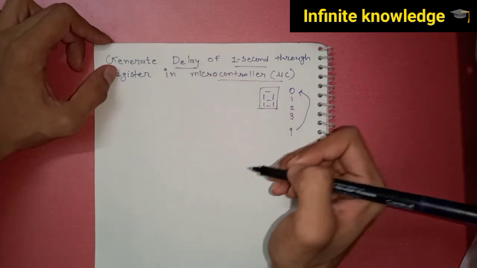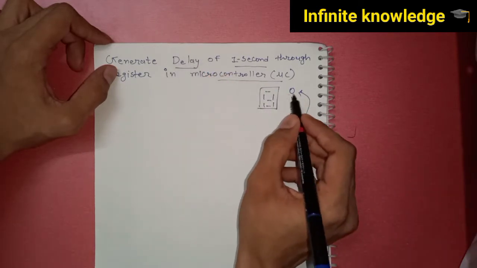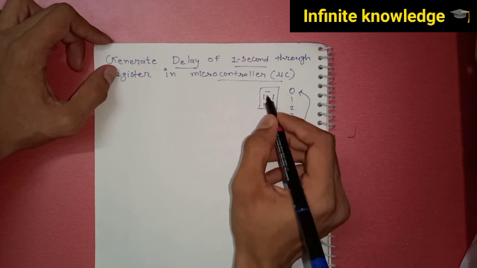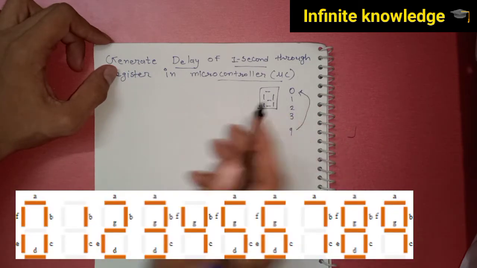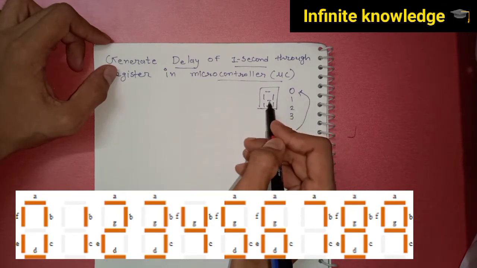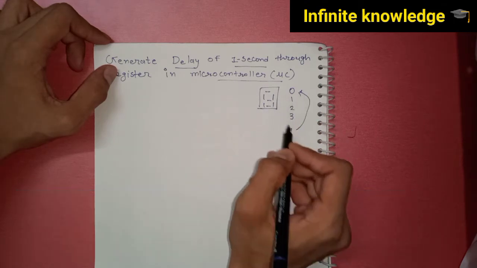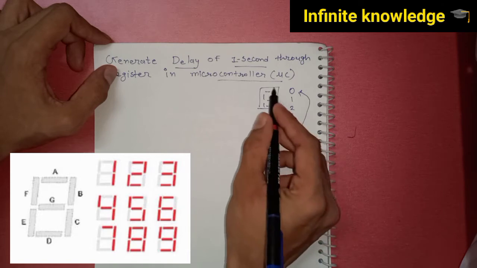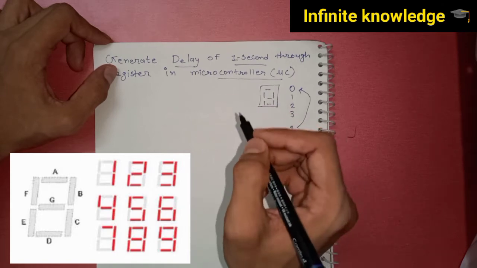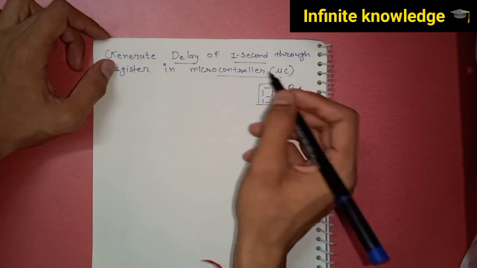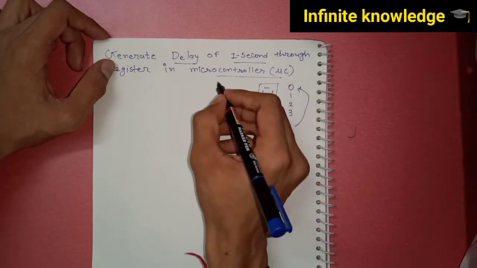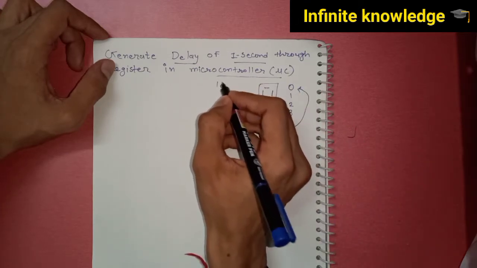Why is delay required? If I make a program that first shows 0, then 1, then 2, then 3, then 4 on this 7 segment display, the microcontroller is working too fast.